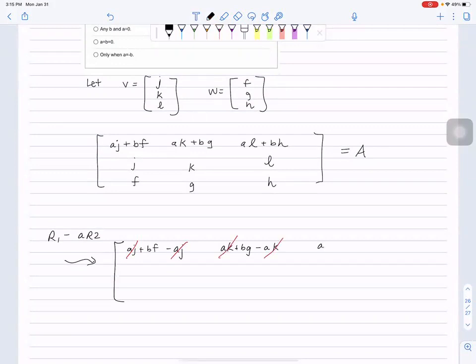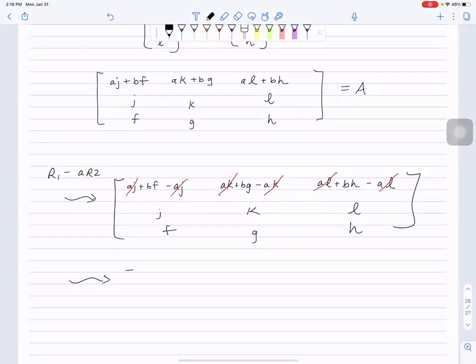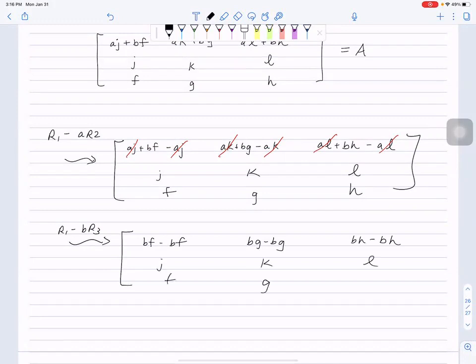And the same with the last column, AL plus BH minus AL. Then let's do row 1 minus B times row 3. We get BF minus BF, BG minus BG, BH minus BH, then JKL, FGH.